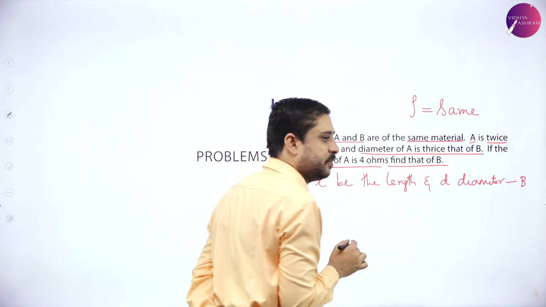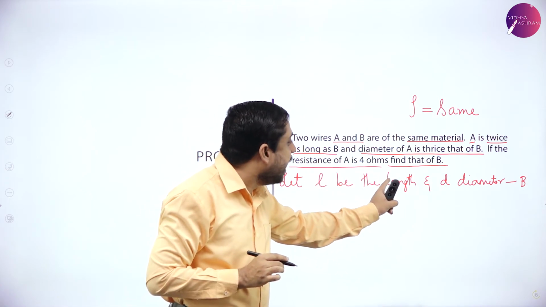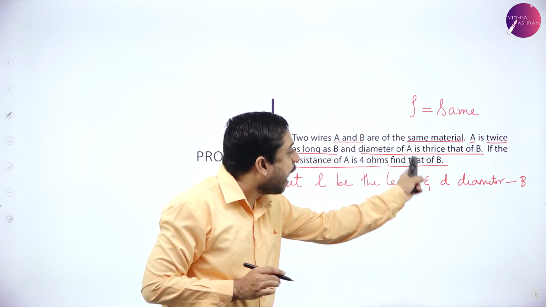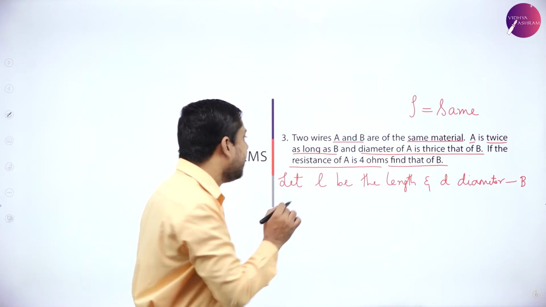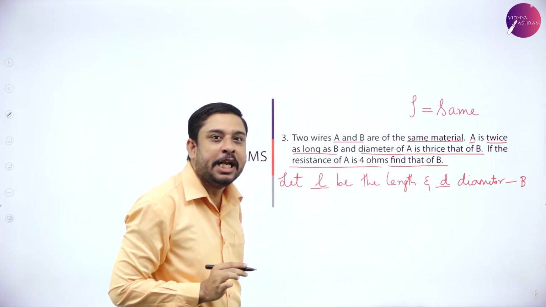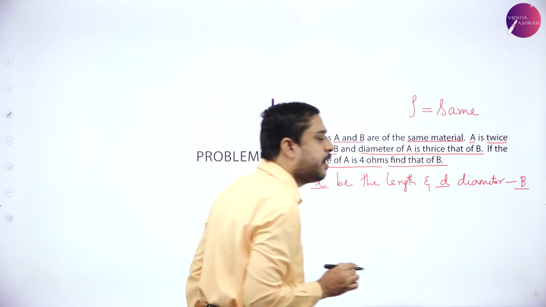B. L is the length and D is the diameter of B. L denotes the length, D denotes the diameter of which wire? B.